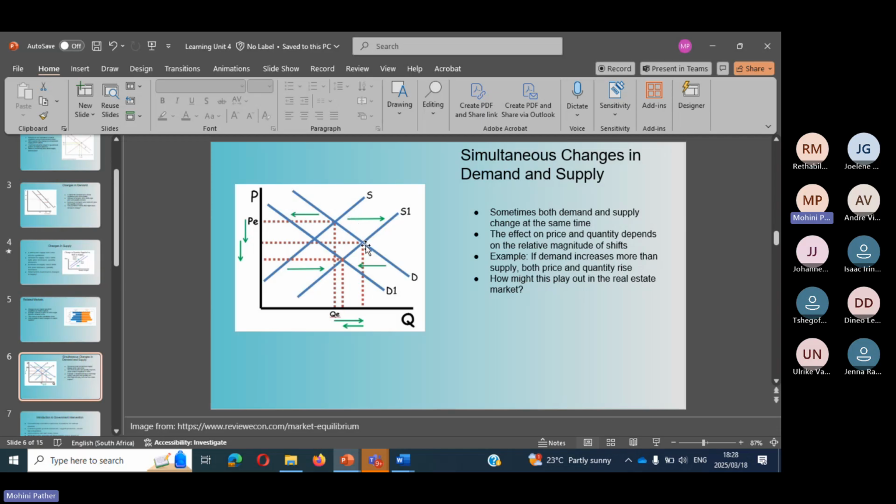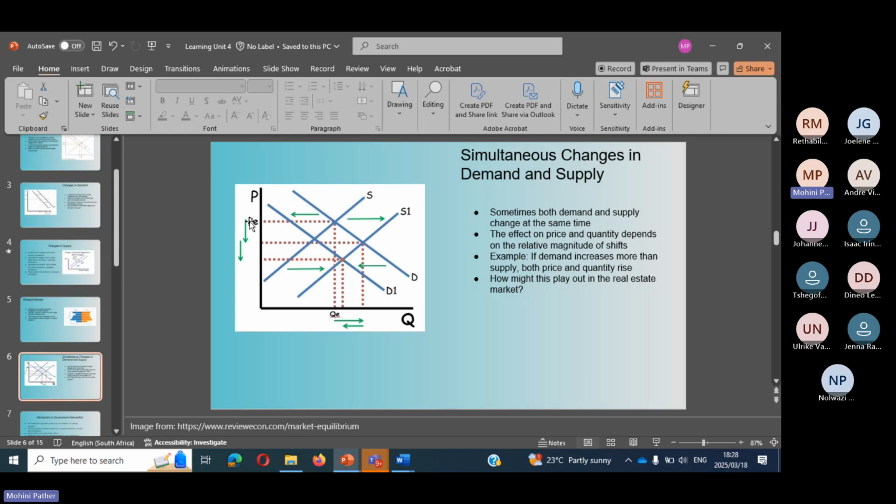So what that does is it increases the quantity that we are willing to accept. But because they've now flooded the market, they've opened the doors for people to say, since there's so much, there's less scarcity, there's less competition, so I'm going to only pay P1.